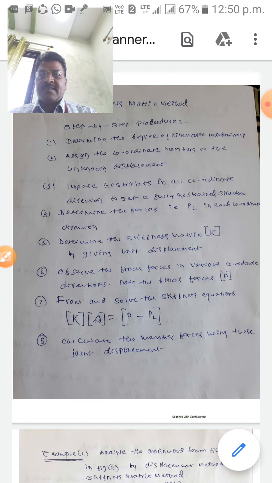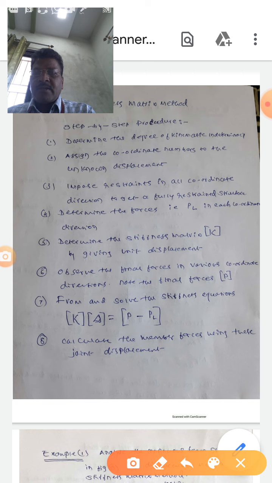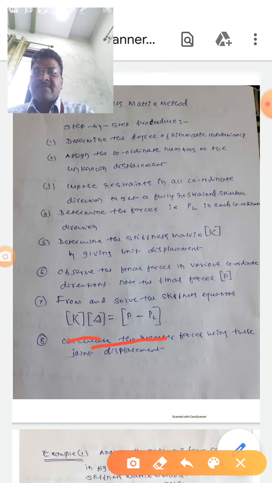Then the sixth point is to observe the final forces in various coordinate directions. Note the final forces, that is moments. Next, form and solve the stiffness matrix equations, that is K into delta is equal to P matrix minus PL matrix due to loading.